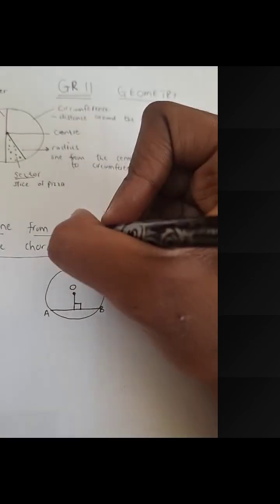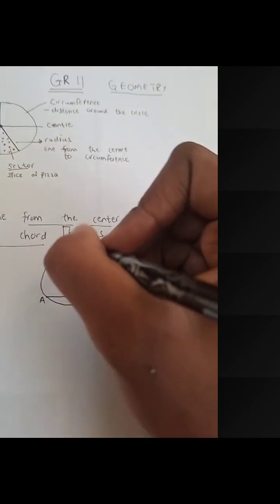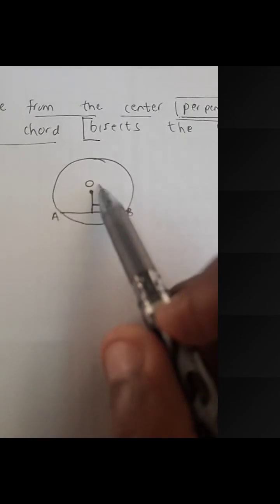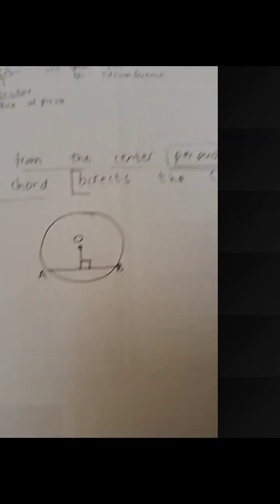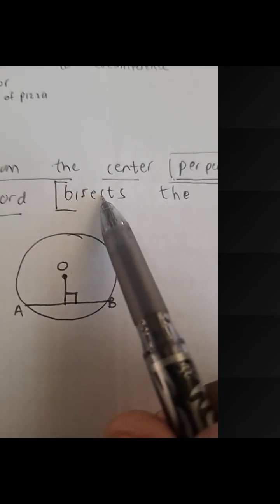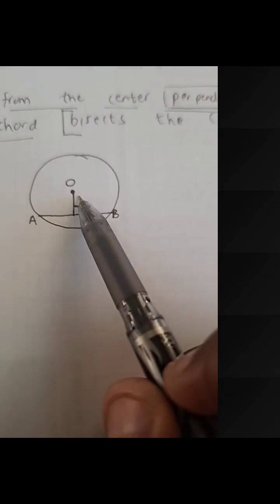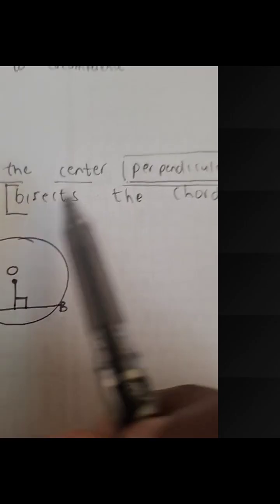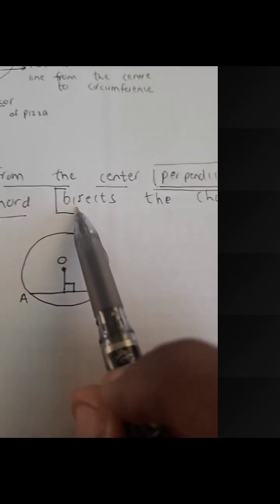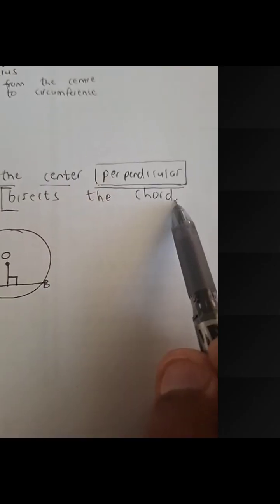What is the result of such a line from the center being perpendicular to the chord? The result is that it bisects the chord.